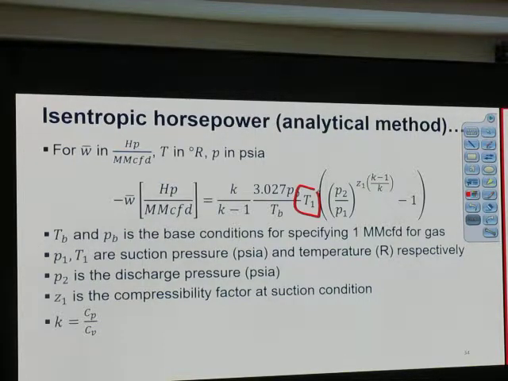Suction temperature of stage 2 must not be the same as discharge temperature of stage 1 because we have an interstage cooler. We always need to have an interstage cooler. And in the typical design, you can assume that suction temperature of stage 2 is the same as suction temperature of stage 1 if you don't have any number.